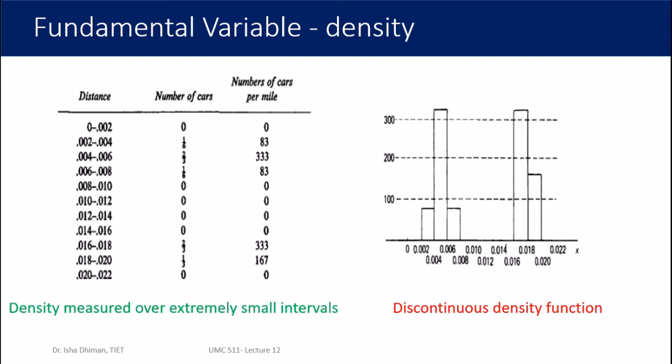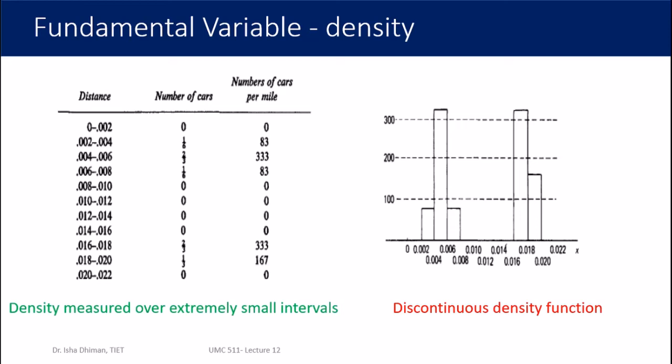Next we are moving to another factor in the same variable, density. If you look at the left hand side table, this is density measured over extremely small intervals. This is also per mile. Here also, in the third column, we are computing number of cars per mile.